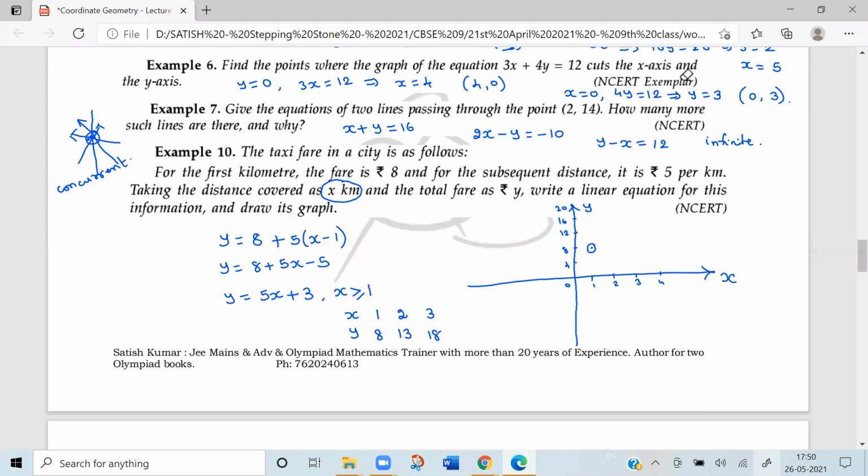When x equal to 2, y is 13. When x equal to 3, it is 18. And join. And remember, it is a ray only because it is starting from 1. So don't produce back. It is a ray starting from this point.